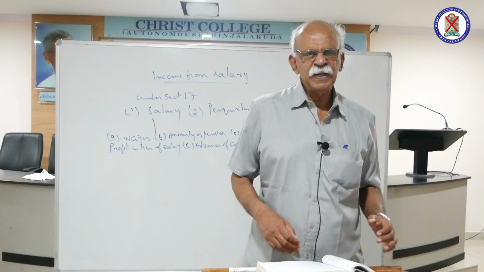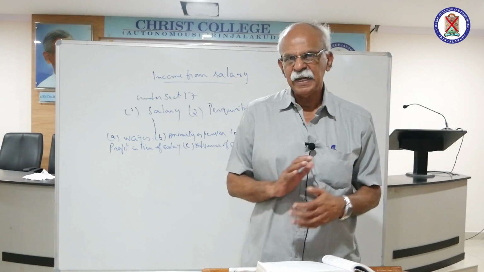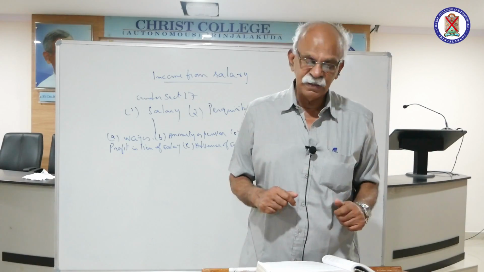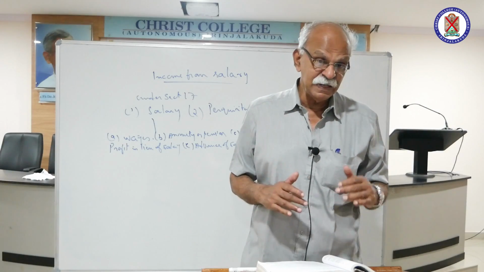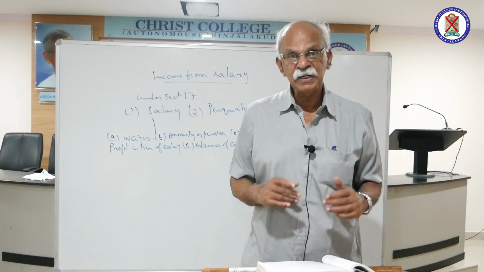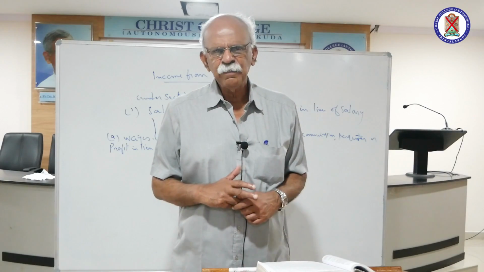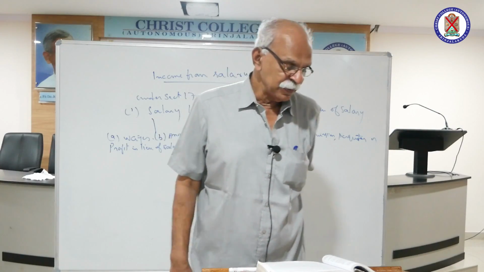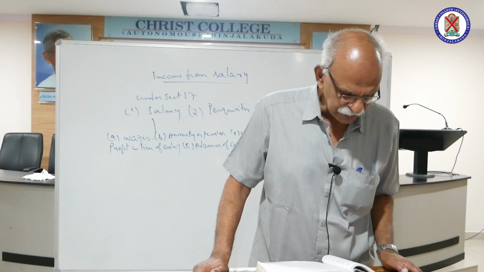What's the difference between perquisite and allowances? Any payment given in cash, that comes under allowances. When benefits are given in kind, that comes under perquisites. Allowances are classified into three categories.